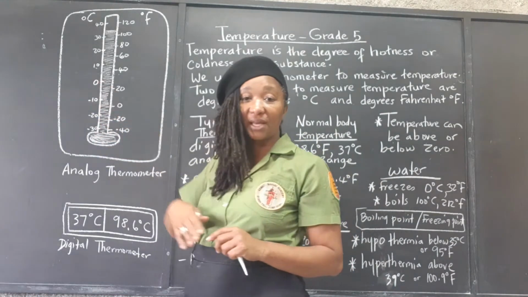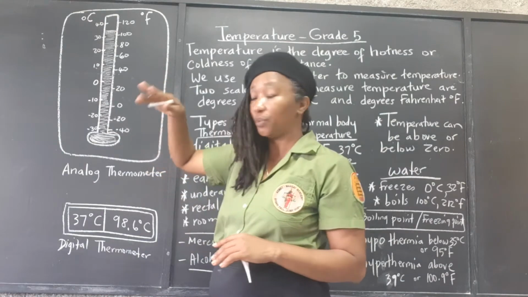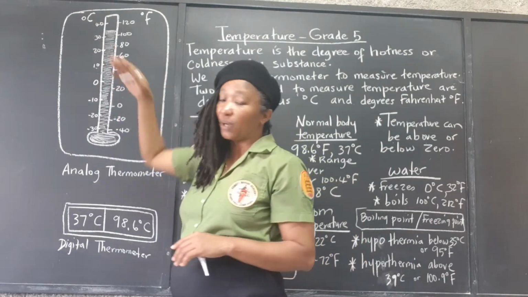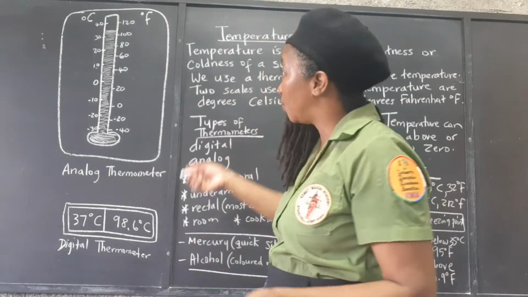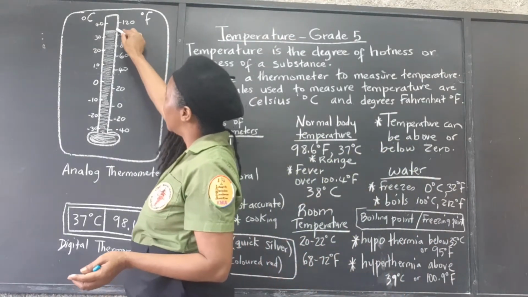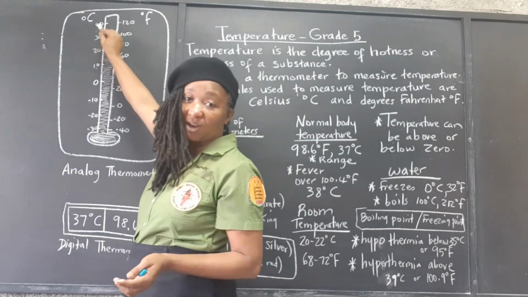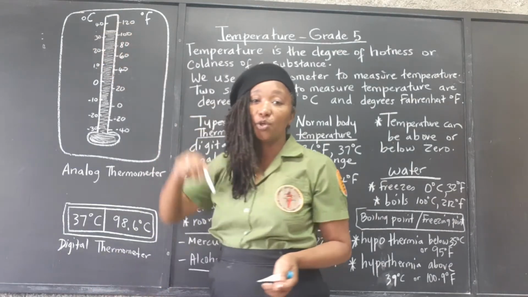You would see the liquid rising up the tube, and when it stops, that's the temperature that is being recorded. And you would take the reading, either on the Celsius scale or the Fahrenheit scale.